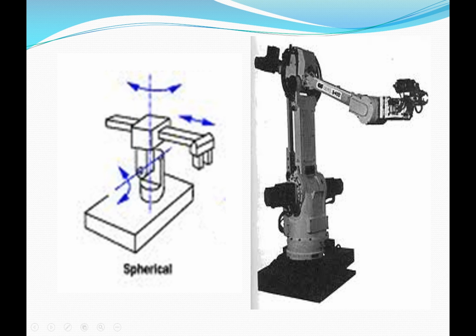This one shows rotational here. It doesn't show a rotational here, and it doesn't show the rotational here. Those two are missing from this drawing. But it shows the prismatic, which is from this little motor that turns right or left and that pulls it in or out, right there.